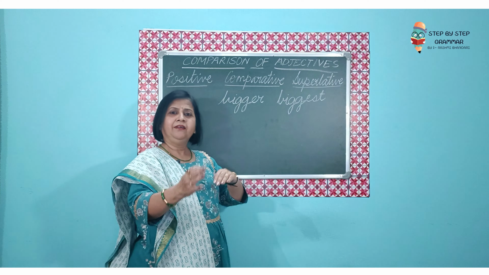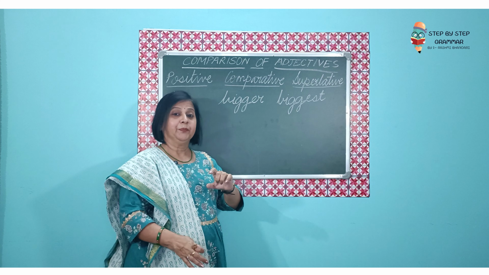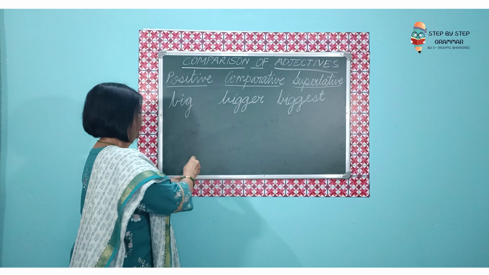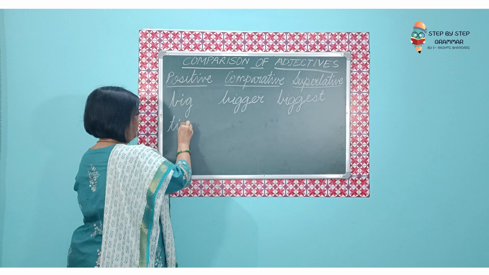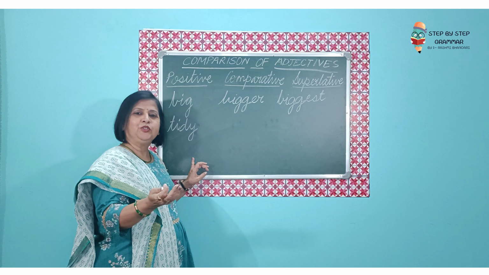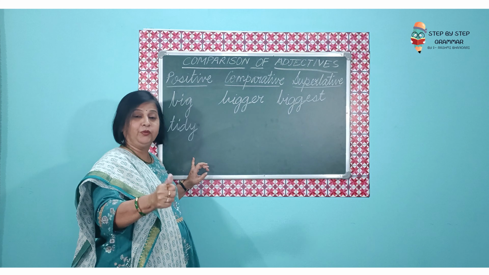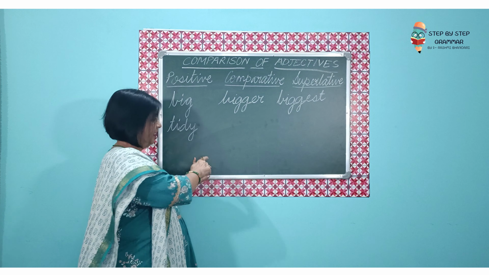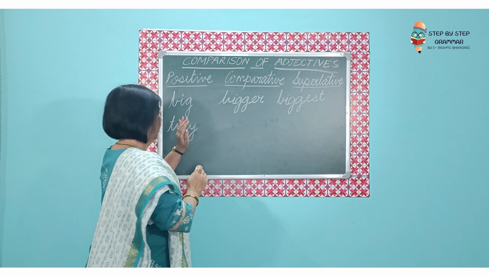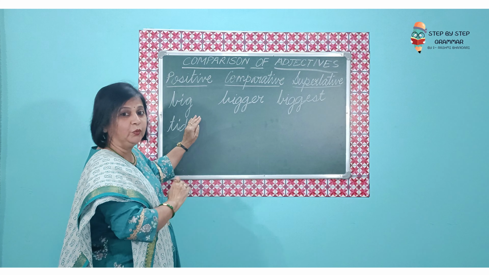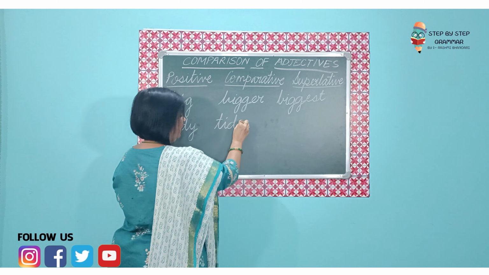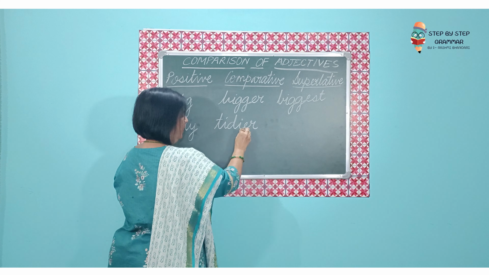Now, ER, EST. When the word ends with Y, suppose it is tidy. The room is tidy. So we are just talking about a single room, and that it is tidy, ending with Y. The comparative form of tidy: drop the Y, or we say leave the Y and add IER, tidier.